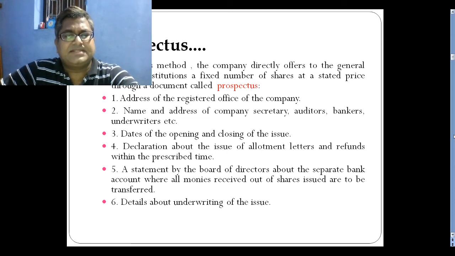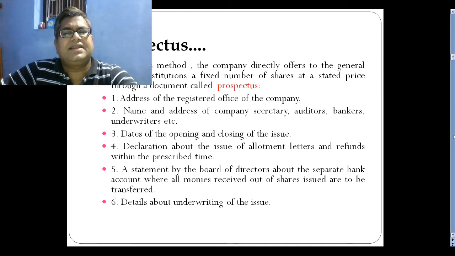One is the registered office address of the company, the name and address of the company secretary, auditors, bankers, underwriters, the date of opening and closing of the issue, declaration of issue and allotment letter, and the board of directors and their bank accounts.